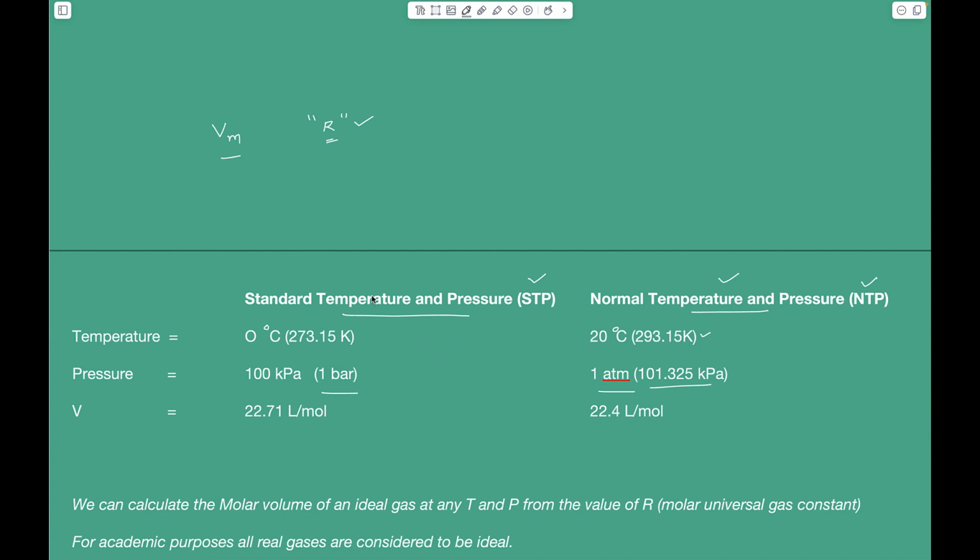And if you calculate the molar volume of a gas at STP, it will come to be 22.71 liter per mole. And if you do the same calculation for NTP, it comes to be 22.4 liter per mole. That means 1 mole of any gas at STP occupies a volume of 22.71 liters, and 1 mole of any gas at NTP occupies a volume of 22.4 liters.